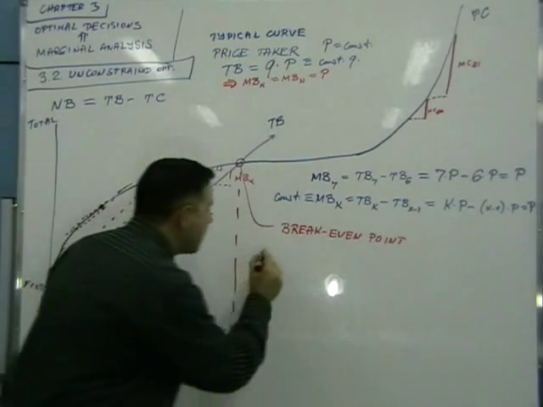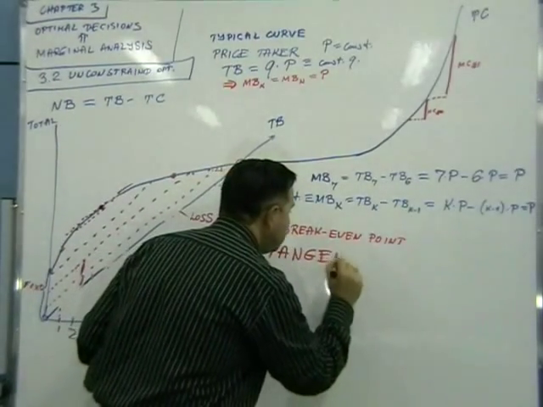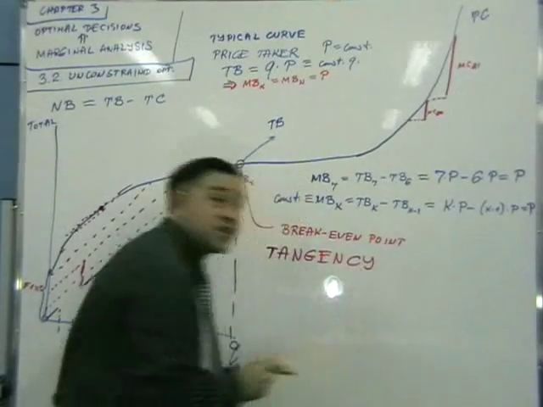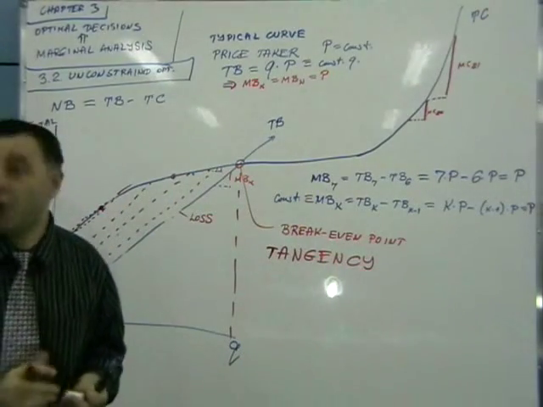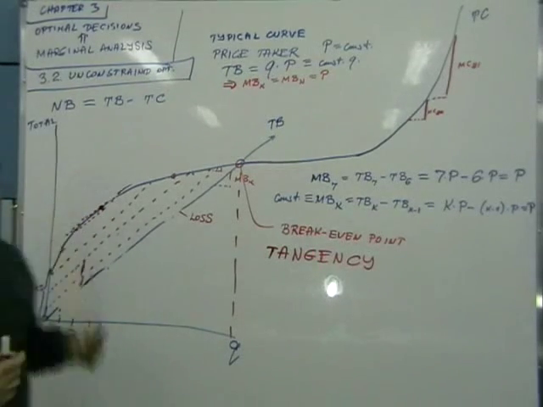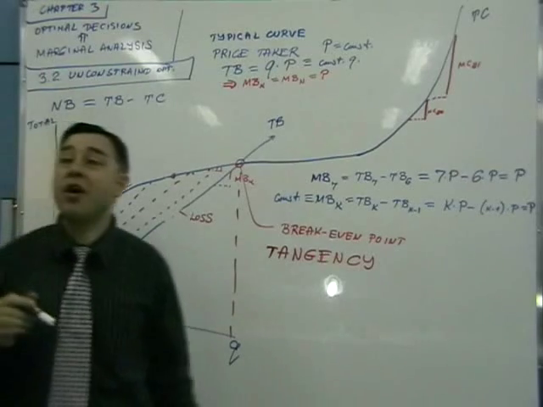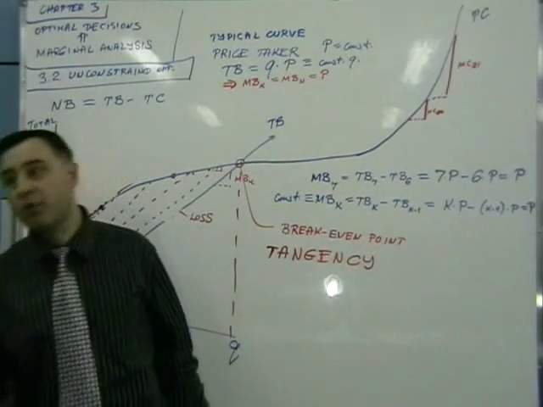No, in mathematics it's called tangency. Tangency is the point where a straight line touches a curve. All right? And the point we call the tangent point.